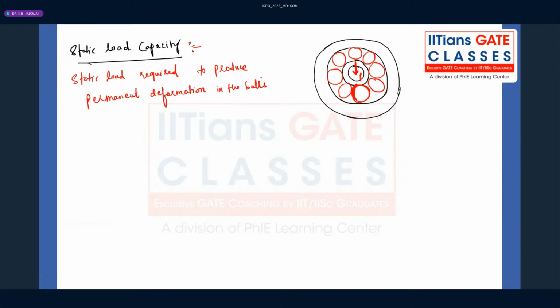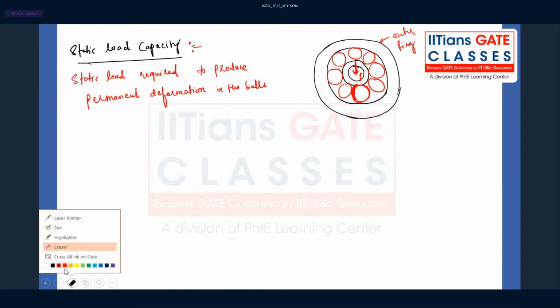in the races also. See, what is the meaning of race? This is the ball. This is the outer race. Here the ball will be under a cage. Cage I have not drawn because of the limitations. So here this is the outer ring. Right. This is the inner ring. I draw with a different color.